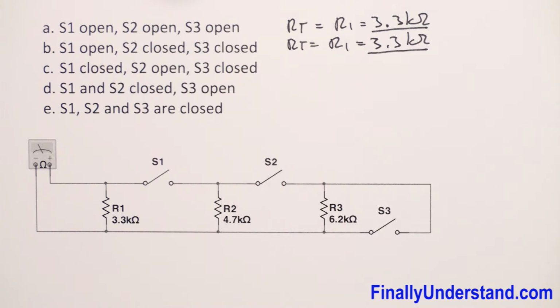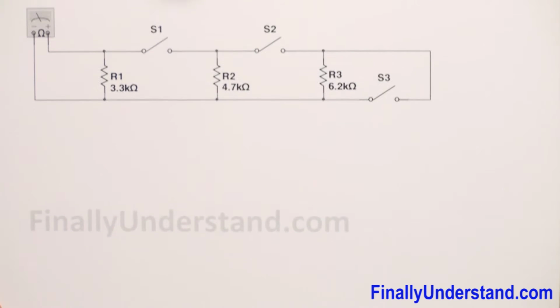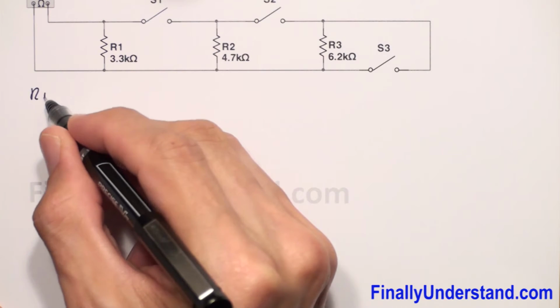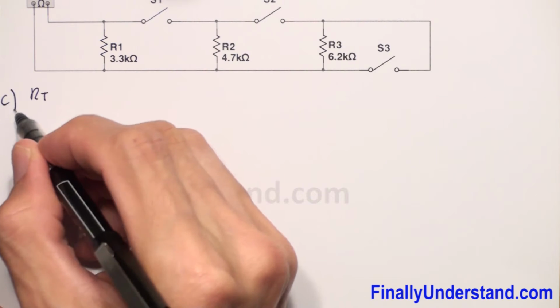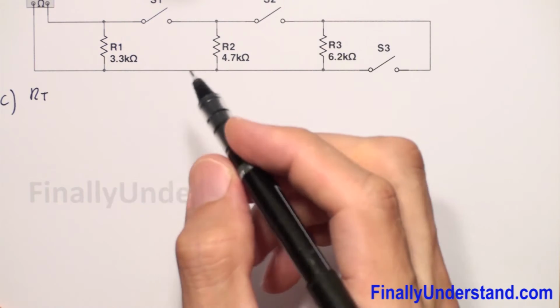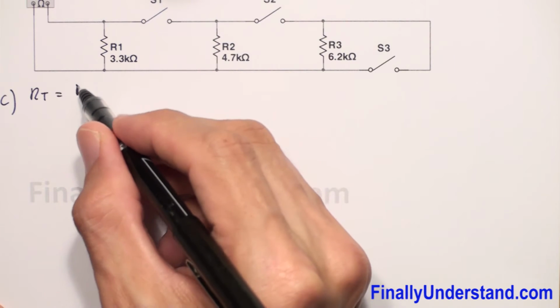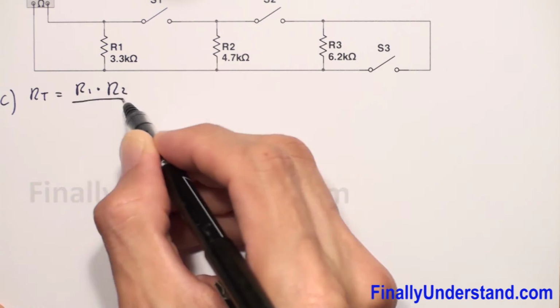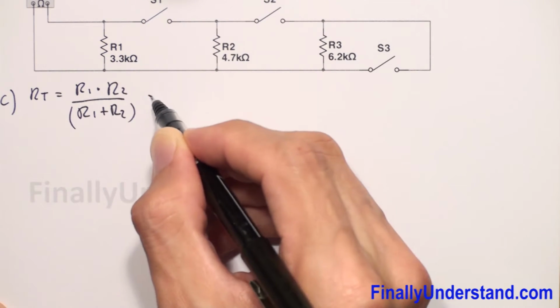So simply the total resistance is going to be calculated this way. R total, I'm talking about this section C. Alright, so I have R total is equal R1 times R2 over R1 plus R2.